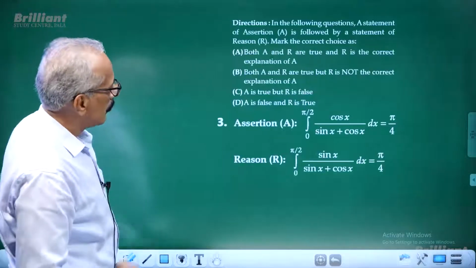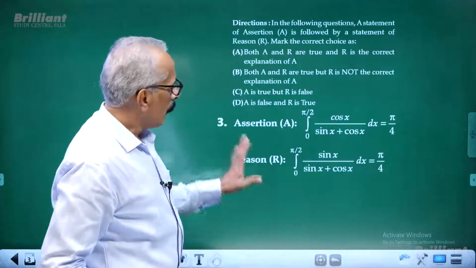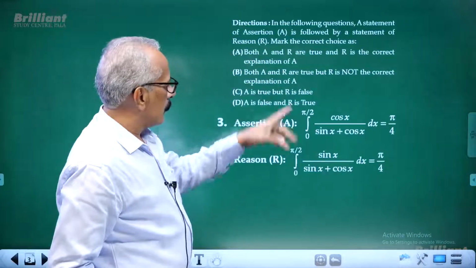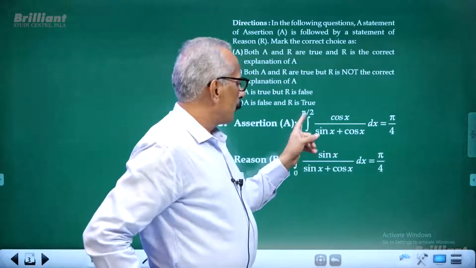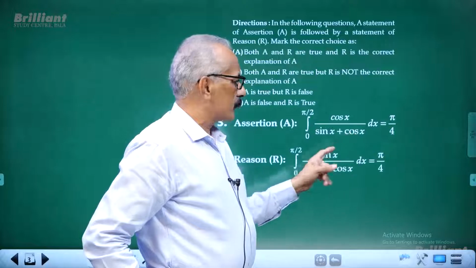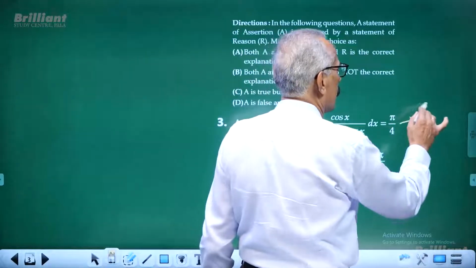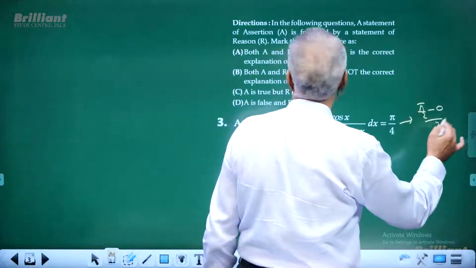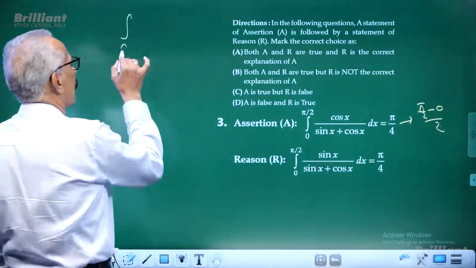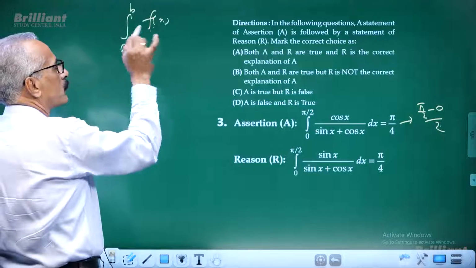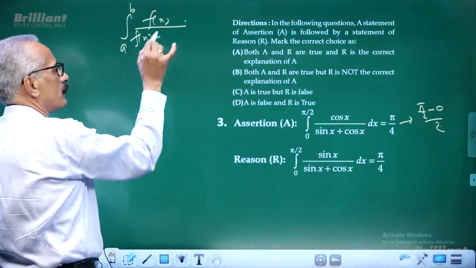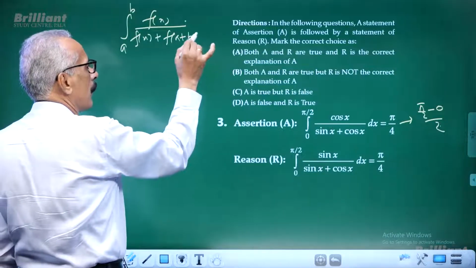Question number 3, assertion reason. Well, this is a general instruction thereover. Okay. So integral 0 to pi by 2 cos x by sin x plus cos x is upper limit minus lower limit by 2. That means this will become pi by 2 minus 0 by 2. Which formula? Integral a to b f of x divided by f of x plus f of a plus b minus x.